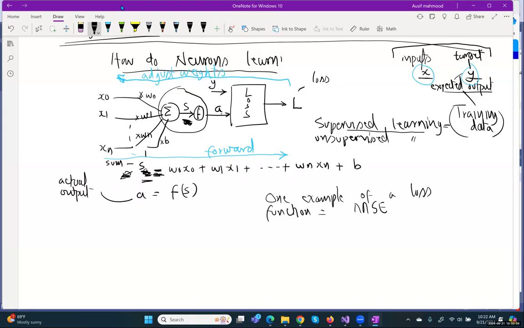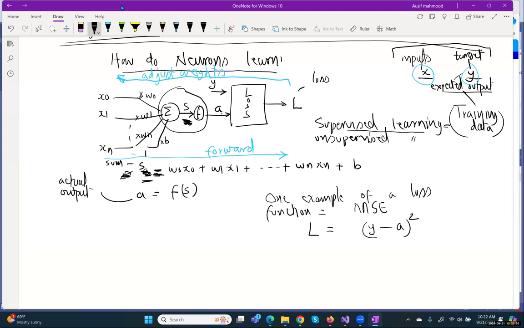It could be as simple as subtract the two and take the square. So why do we take the square? Why not simply take the difference between the actual output and the expected output?